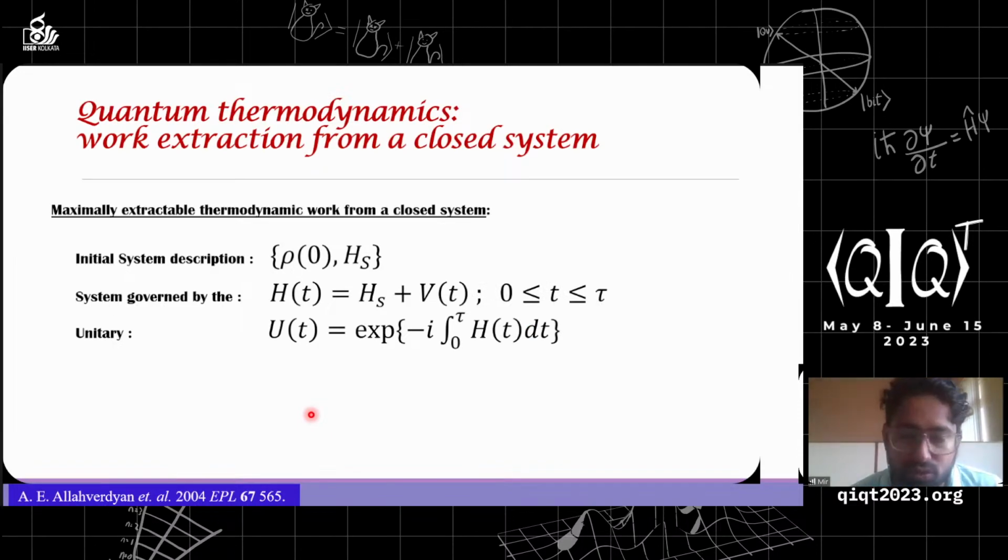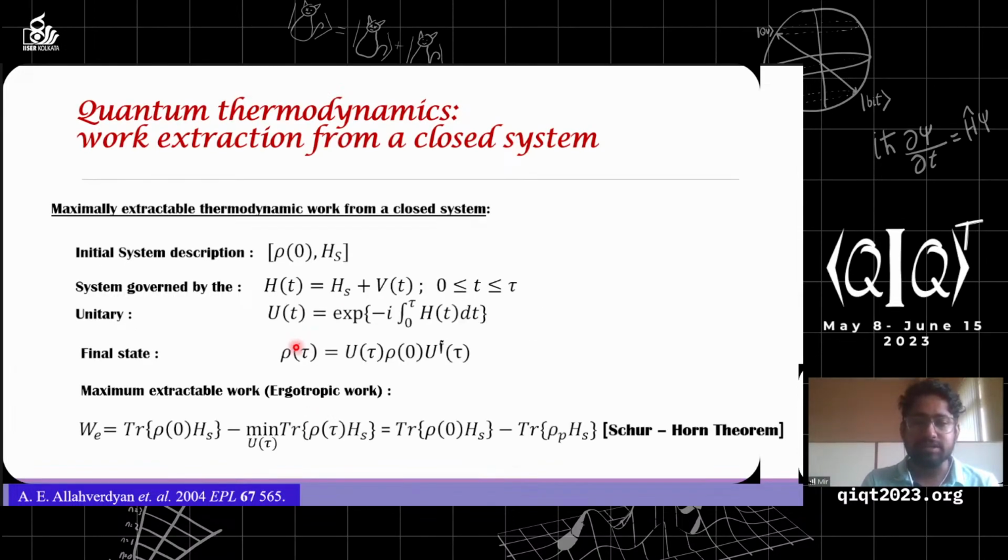To do that, we can give some external potential or field to apply all possible unitaries. And that is the maximum extractable work. In this quantity, it is the energy difference between the energy of the initial system and the energy of the final system, where rho tau is the state after unitary evolution. I did a minimization over unitaries because I want to reach the lowest energetic state.